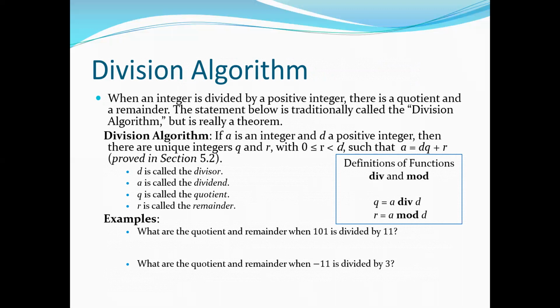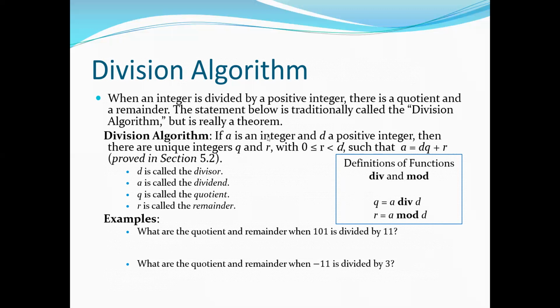For the division algorithm, if A is an integer and D a positive integer, then there are unique integers Q and R with 0 less than or equal to R less than D, such that A is equal to DQ plus R. This is the working formula, wherein D is the divisor, A is the dividend, Q is the quotient, and R is the remainder.